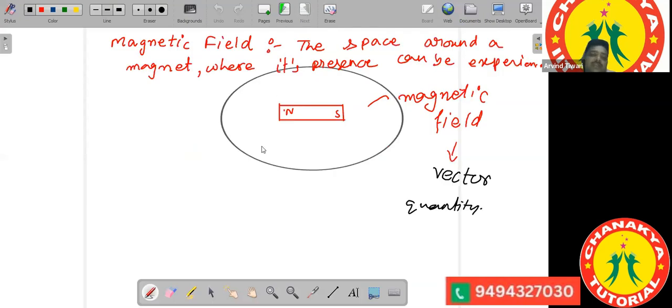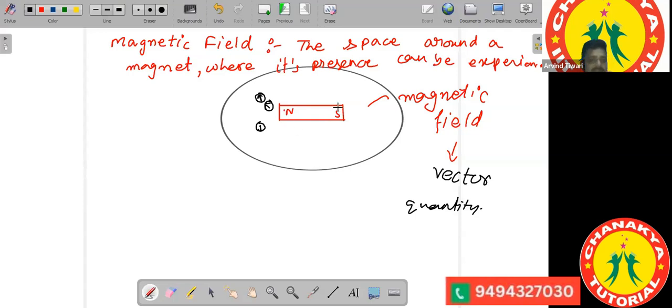And to justify this, we place the compass needle at various points. Here we place the compass needle, it points along this direction. Here we place the compass needle, it again points along this direction. So the directions of deflection of the compass depend on the position where we are placing it, right?